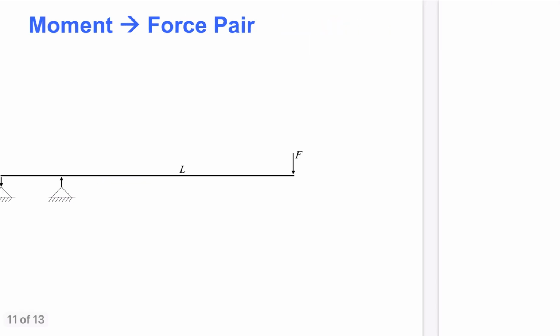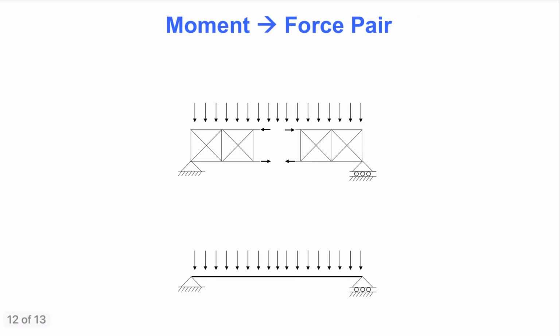The next slide demonstrates the same concept, but this time for a truss structure. A truss structure means that the members can only take axial force. This particular truss essentially acts like a beam to carry the uniformly distributed load placed at the top. Without getting into a detailed truss analysis, the top chord will develop compression.